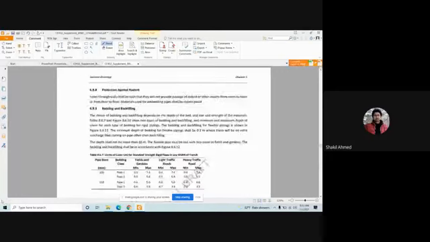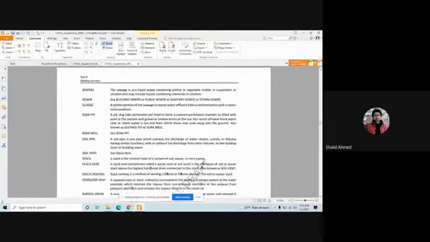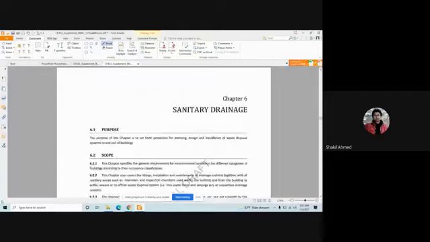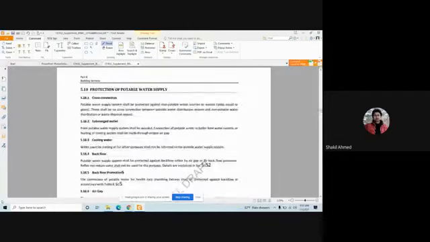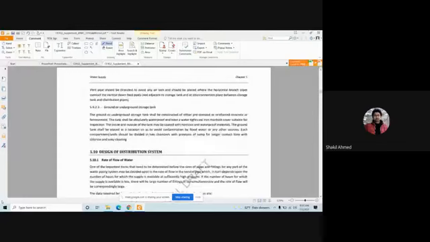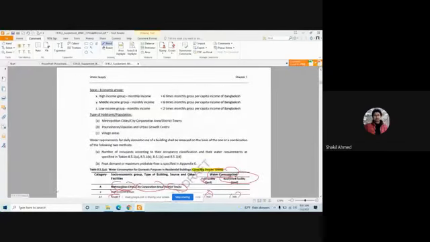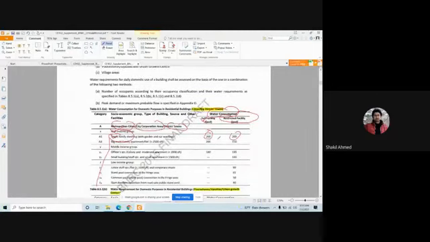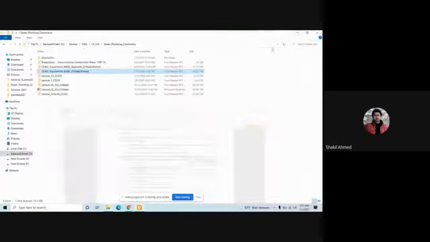So what I wanted to show you is that if you know the water demand from here, then you can take the wastewater as 90% or 95%, or maybe 100% of the freshwater supply.